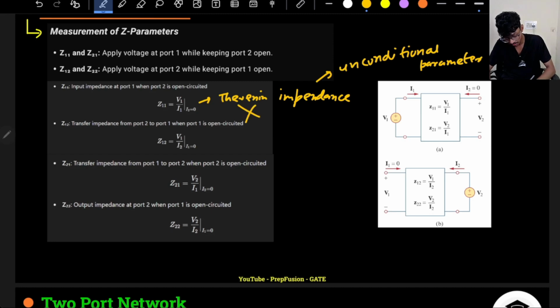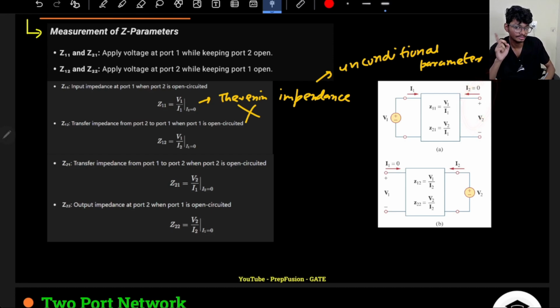Z11 has a condition attached to it. The condition is that the current in port 2 must be 0. Then only the ratio of V1 and I1 will give me Z11.